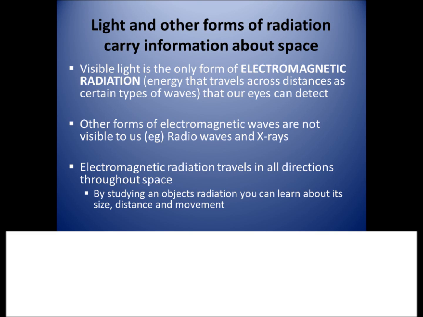Electromagnetic radiation travels in all directions throughout space, and by studying the radiation that is emitted, we can learn about the size of objects, distance, and the movement of that object.